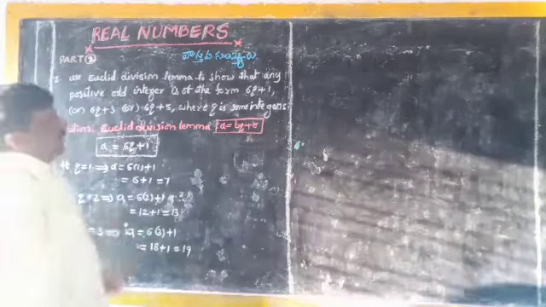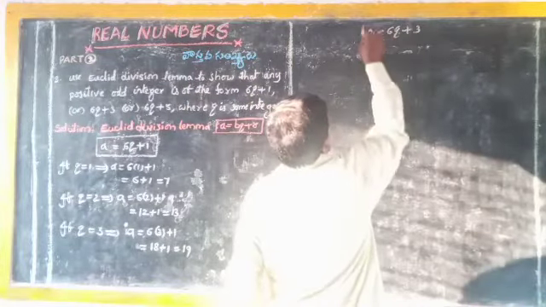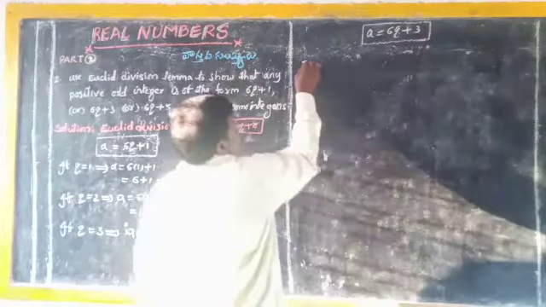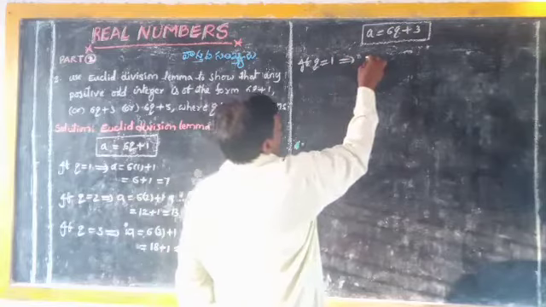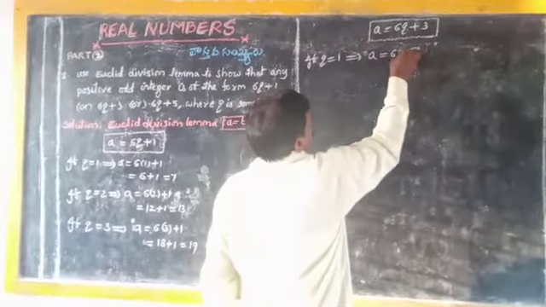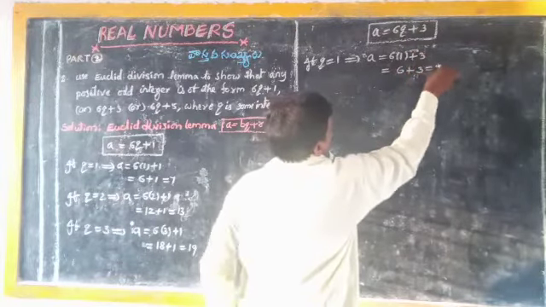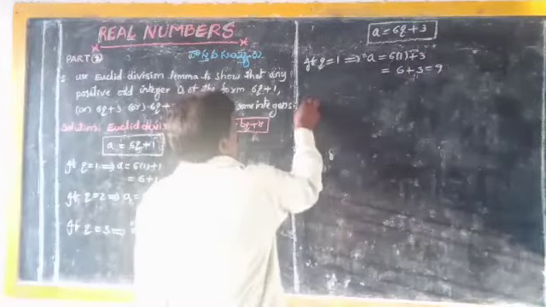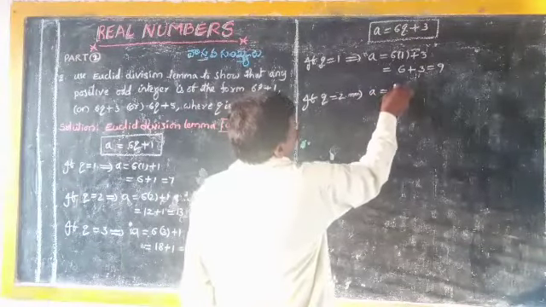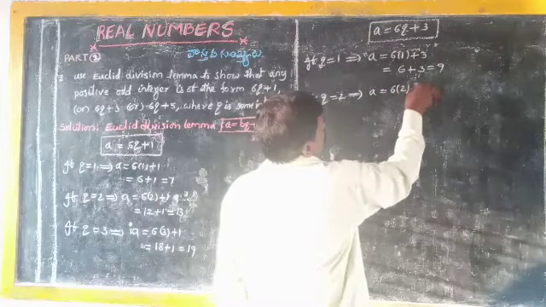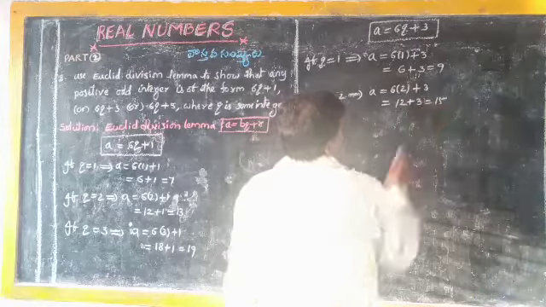Next, a is equal to 6q plus 3. If q is equal to 1, then a is equal to 6 into 1 plus 3. 6 plus 3 is equal to 9. If q is equal to 2, a is equal to 6 into 2 plus 3, 12 plus 3 is equal to 15.